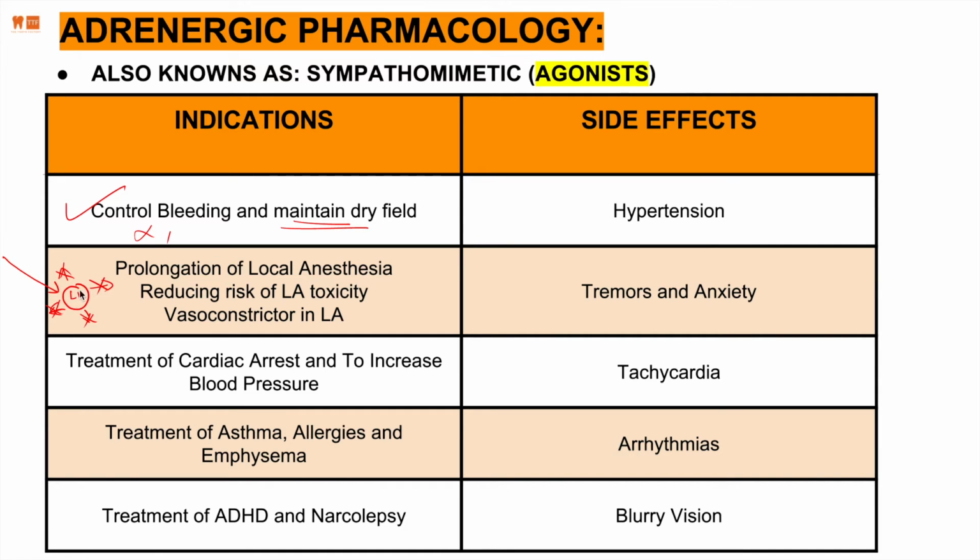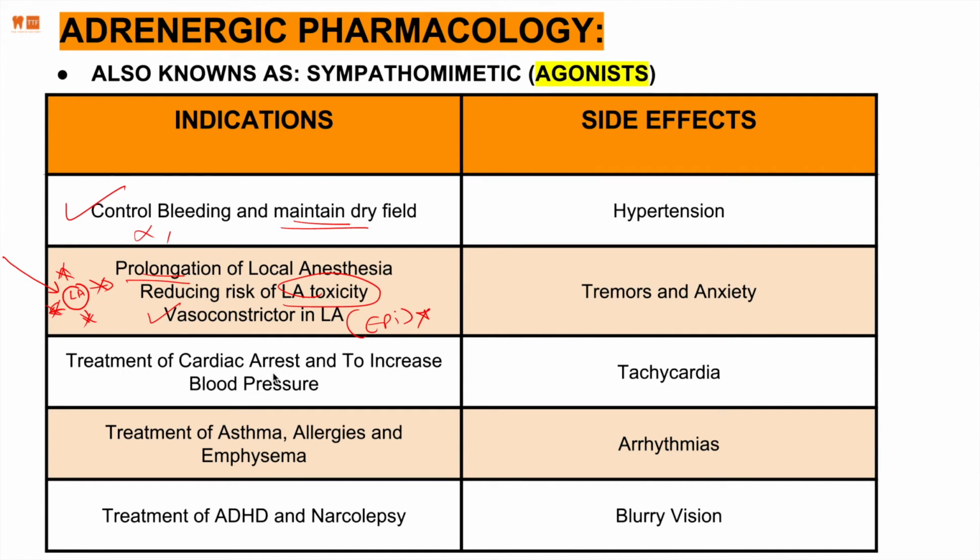Therefore, local anesthesia is safe here. So we cannot have a local anesthesia toxicity. And because it cannot flow elsewhere, it will have a prolonged effect rather than a diluted effect. That's just a story to visually remember how vasoconstrictor and local anesthesia, such as epinephrine, work.